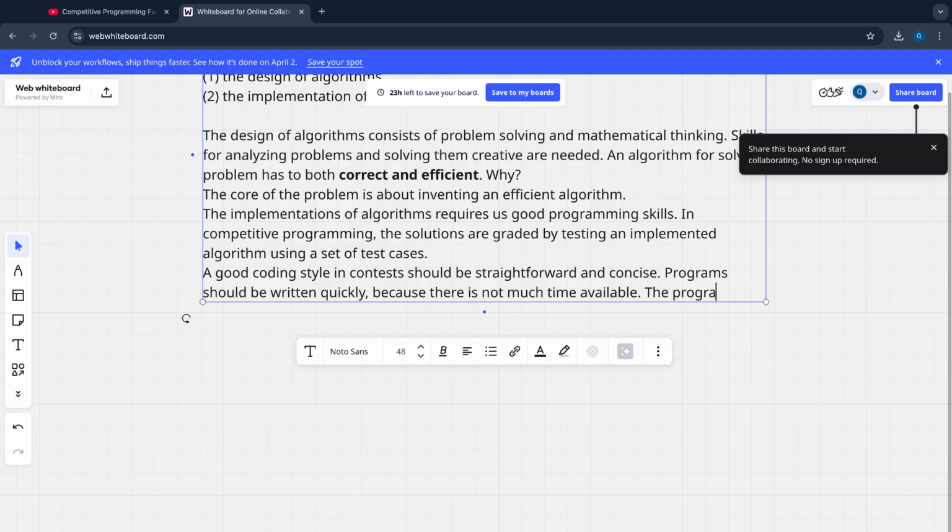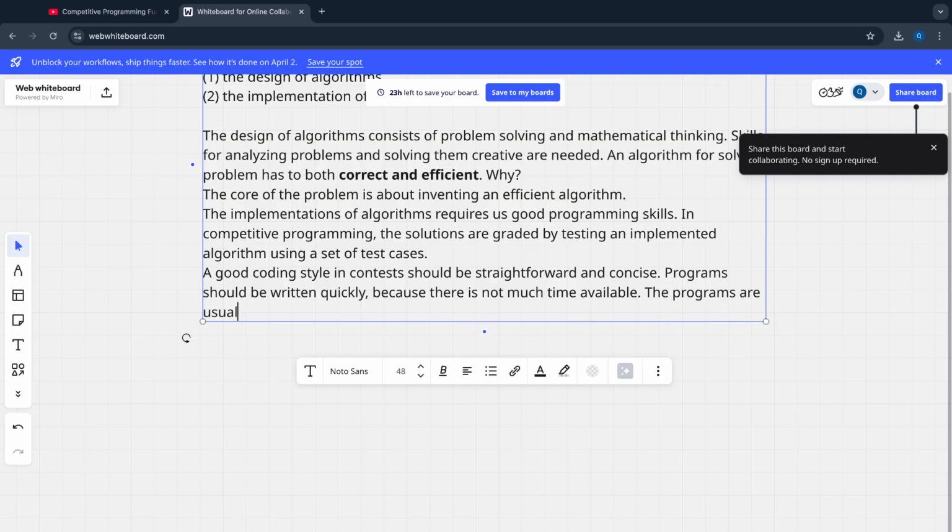Your programs are usually short. This is a normal thing when you have a good coding style. So about a few hundred lines of code is enough for a complex problem.